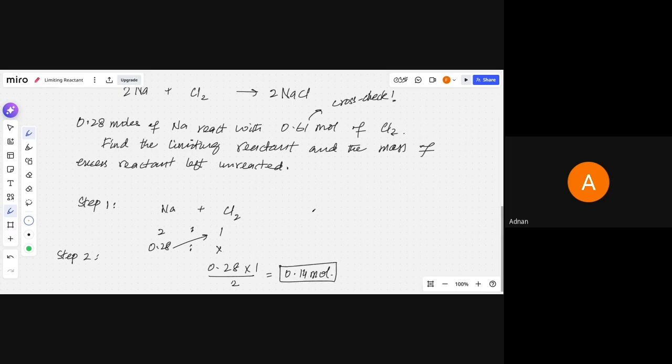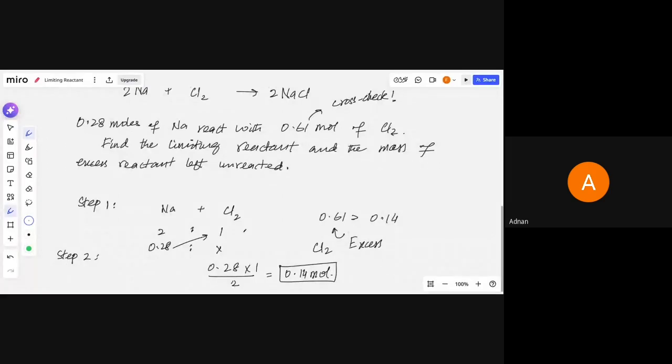So I'm going to write here that after cross-checking, I found that 0.61 is greater than 0.14 moles of chlorine. So this is going to be our excess reactant, right? Chlorine is in excess because it is more than what is required.